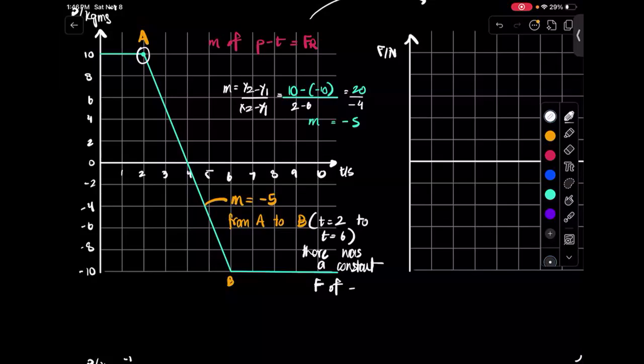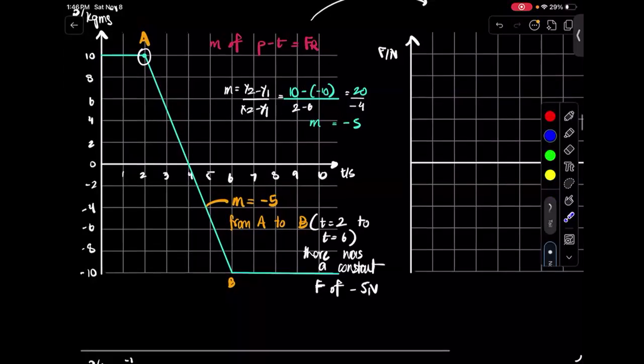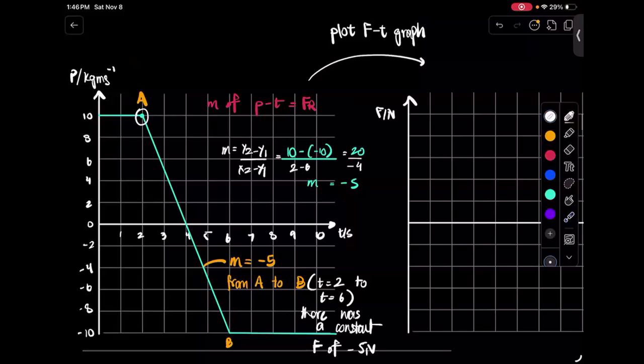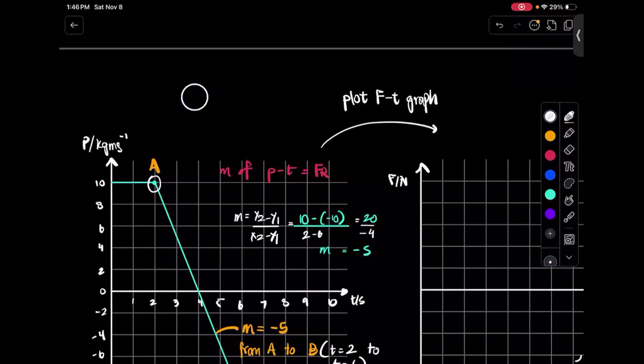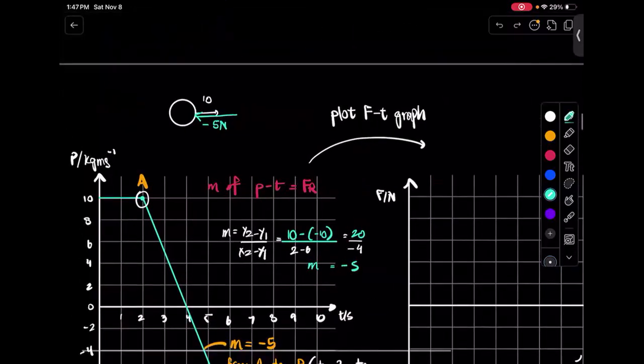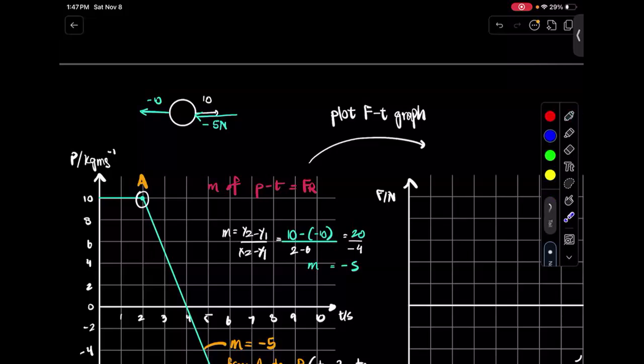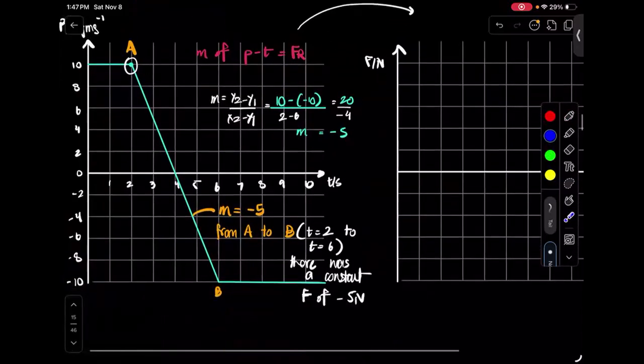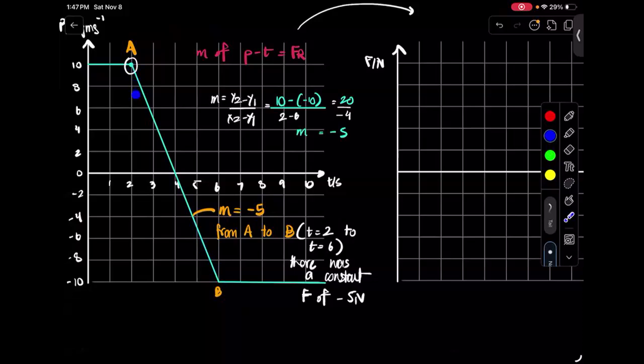So when the ball was moving initially at a momentum of 10, there was a 5 Newton force in the negative direction, which brought your ball to 0 momentum, and then it switched its direction to having a negative 10 momentum. So the ball has now switched direction to the negative side. From A to B, the constant force was being applied, which changed your momentum from 10 to negative 10.